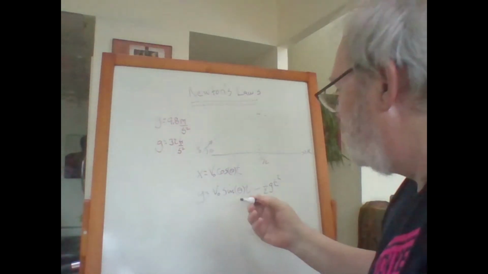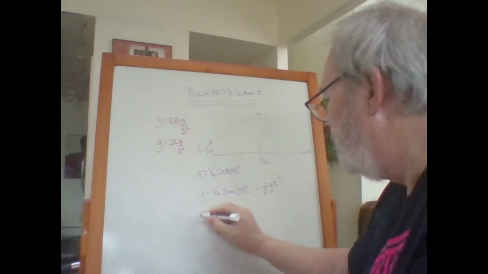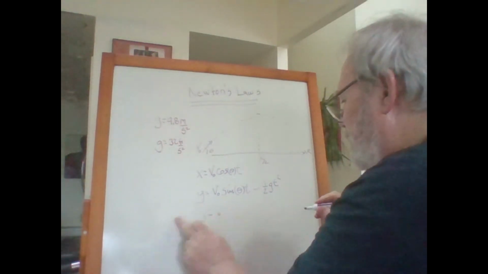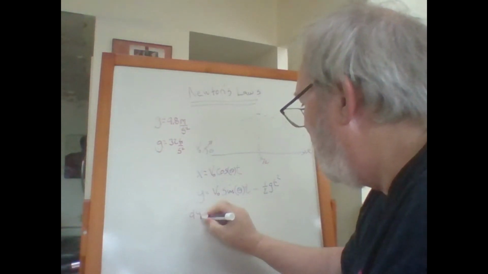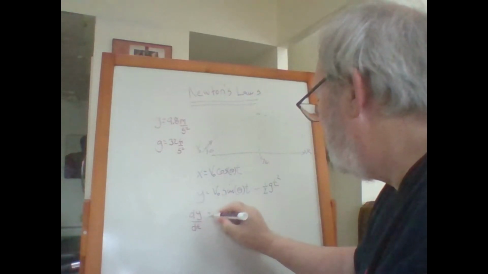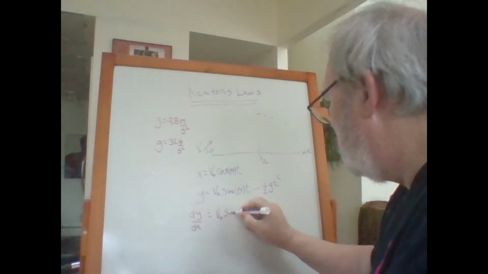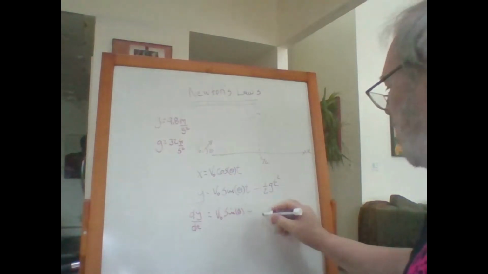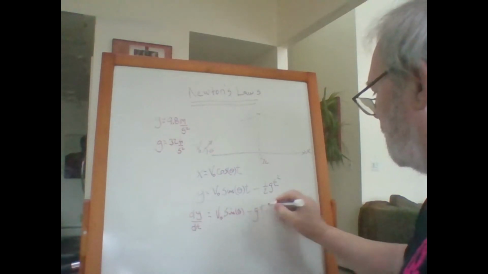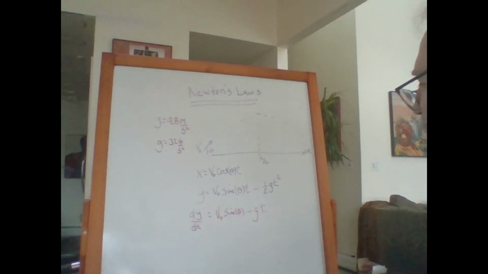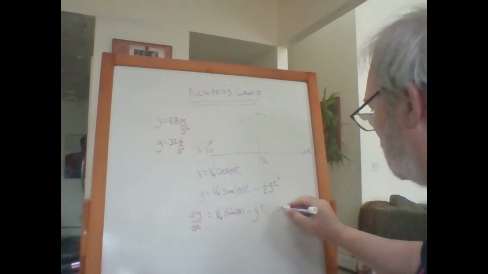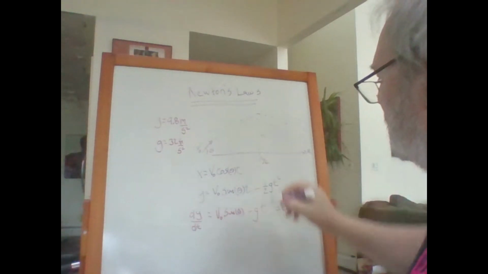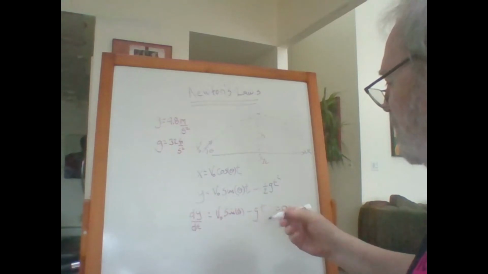If we say that the derivative y prime, or dy/dt, is equal to v naught sine theta minus 2 times 1/2, so it's minus g t, and we set this equal to 0, we have then figured out the time for the maximum height, which is at x over 2.